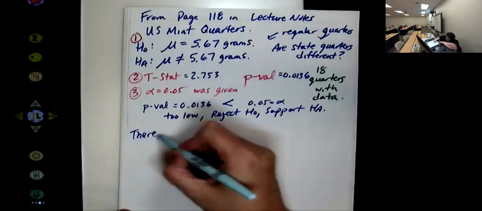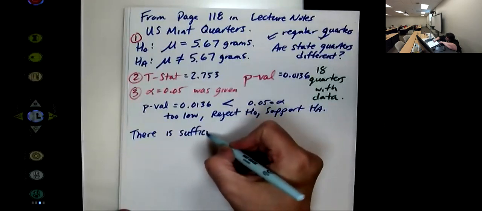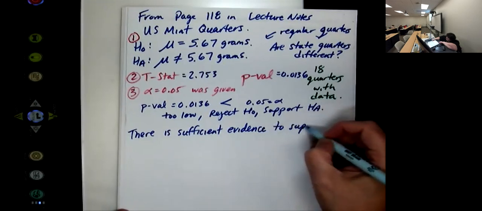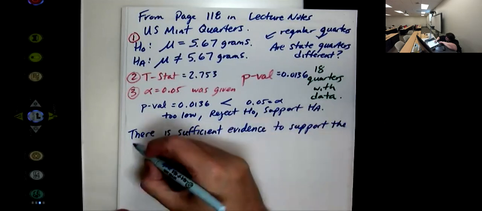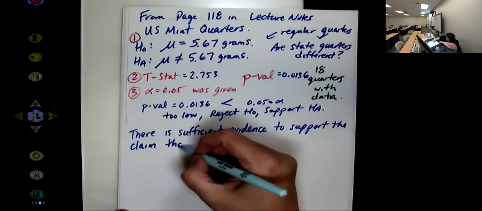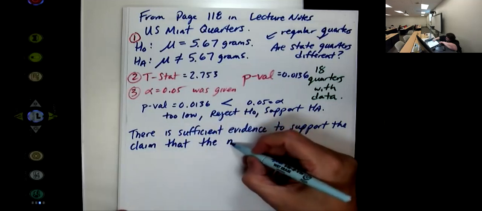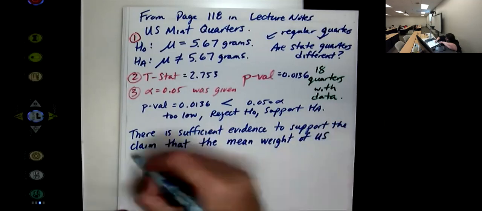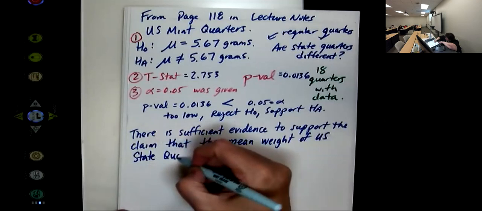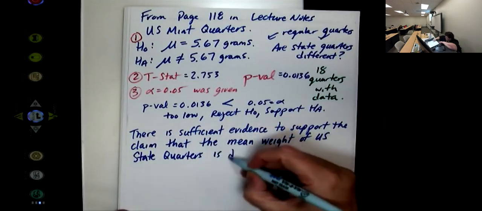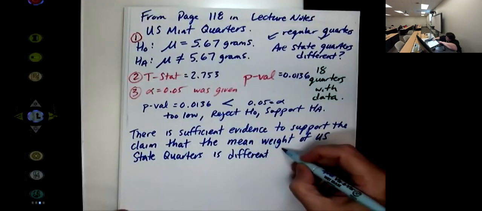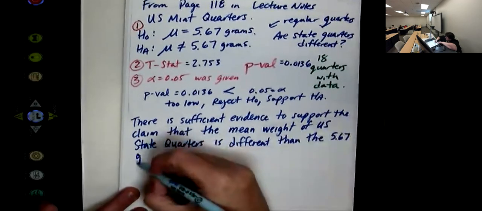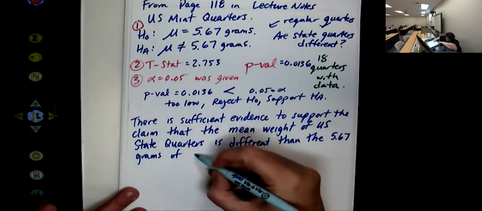There is sufficient evidence to support the claim that the mean weight of US state quarters is different than the 5.67 grams of regular US quarters.